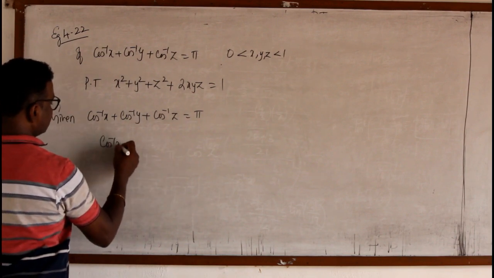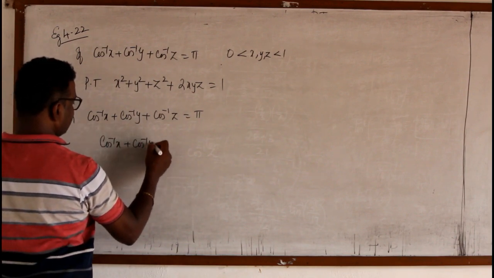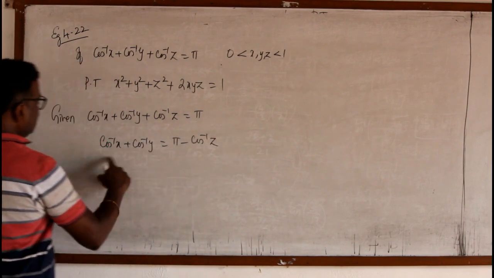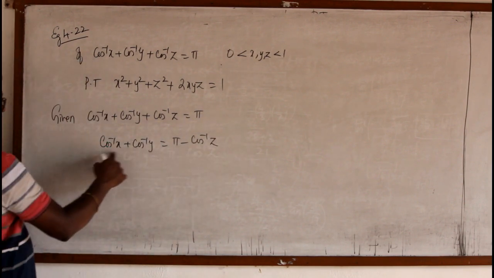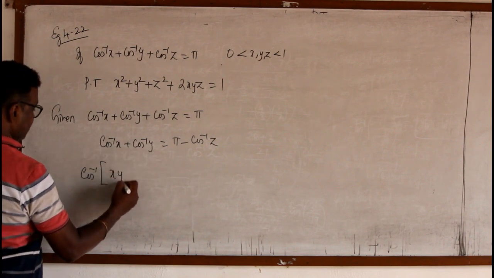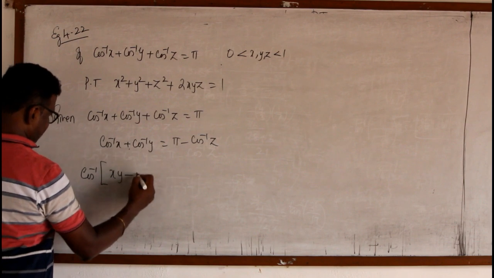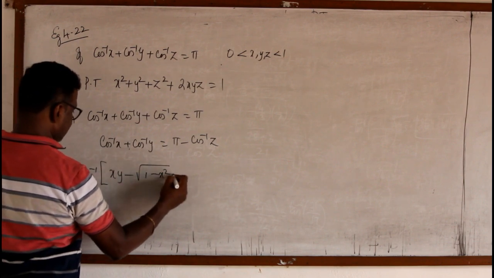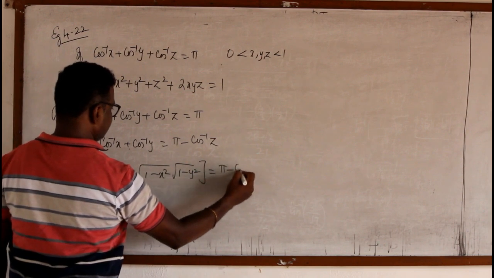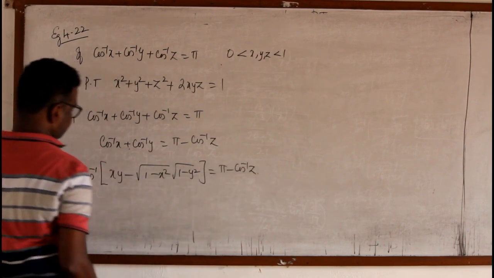So cos inverse of x plus cos inverse of y is pi minus cos inverse of z. So this is of the form cos inverse of x plus cos inverse of y. We know the formula: cos inverse of xy minus root of 1 minus x square root of 1 minus y square equal to pi minus cos inverse of z.